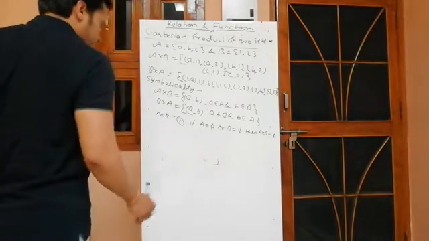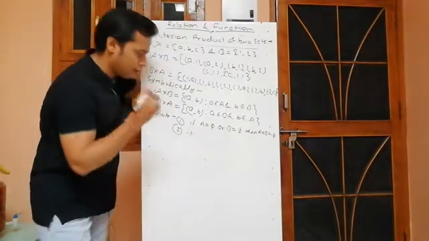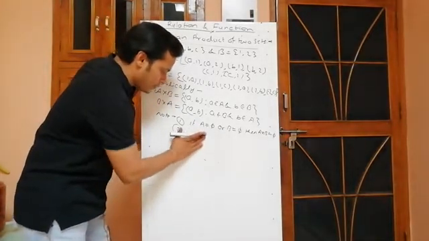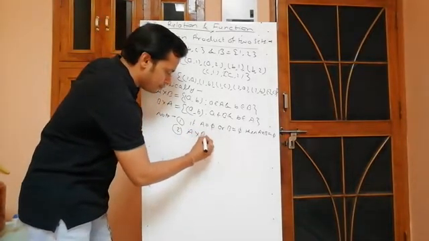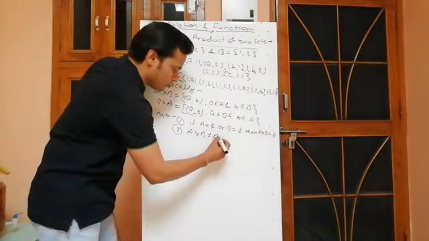Second thing: easily you can see that A cross B is not equal to B cross A, both are not the same thing.